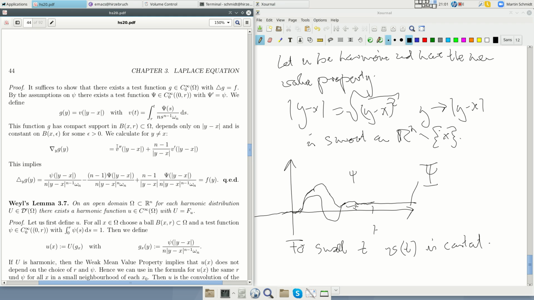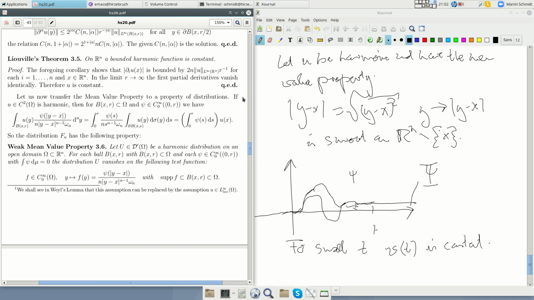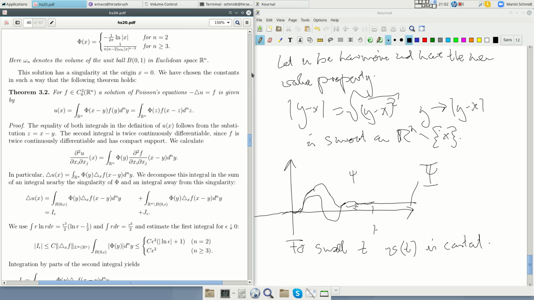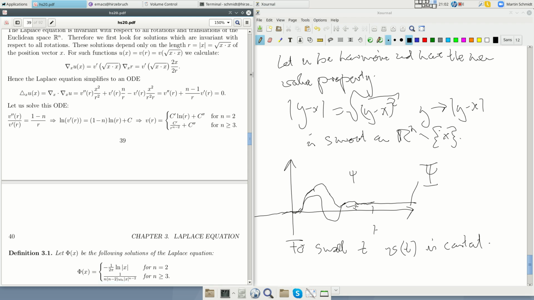Since this is a function which depends only on the distance to some point, and since the Laplacian is invariant with translations, we already know our formula for how the Laplacian of g depends on v. It's exactly this formula. Remember? We derived this formula in the fundamental solution.